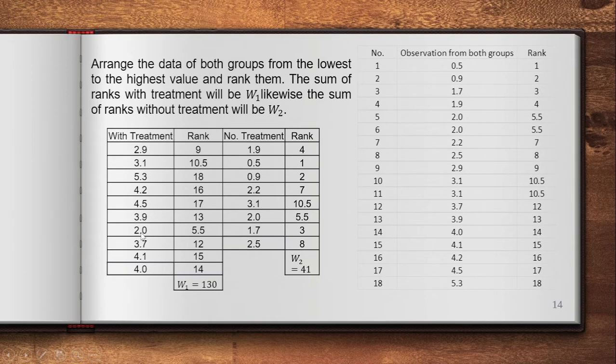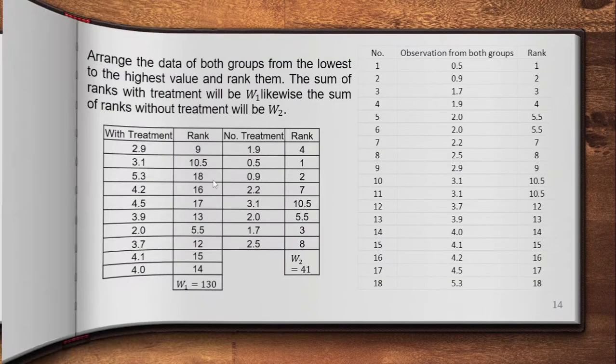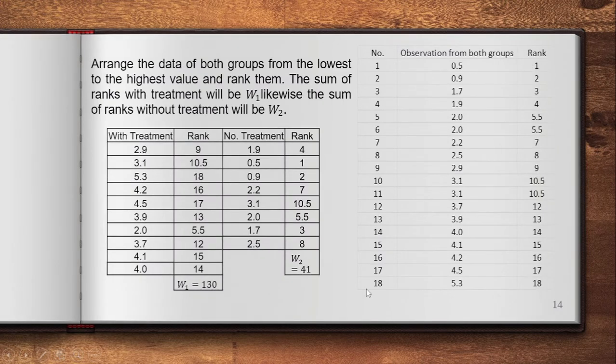Now, in ranking, same process po siya, magiging 1 to 18 din po siya kasi we have 18. Paano po makikita po natin dito na wala yung 6 because dalawa po yung 5.5, and then 10.5, 10.5. Wala din po yung 11.